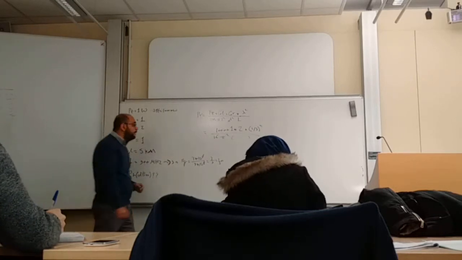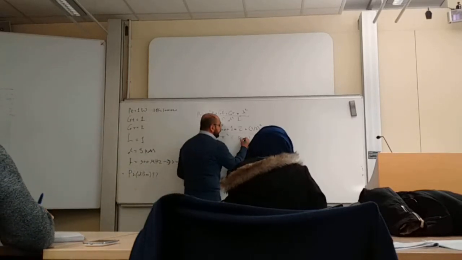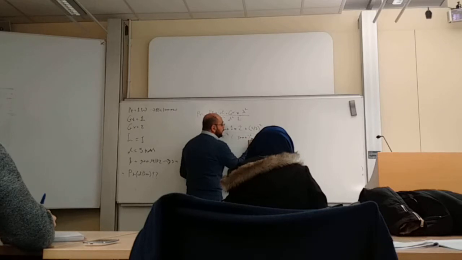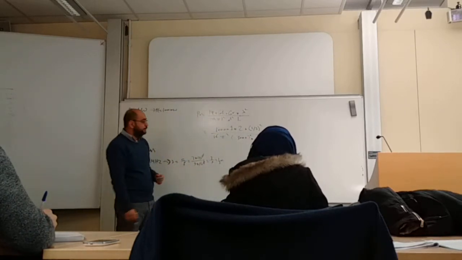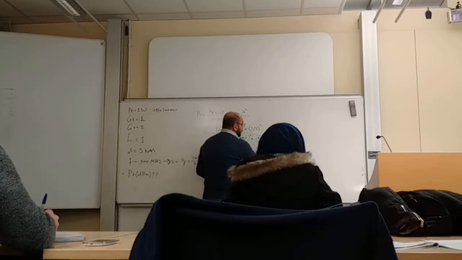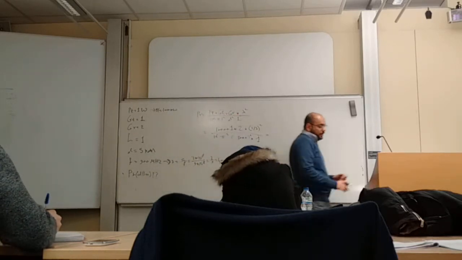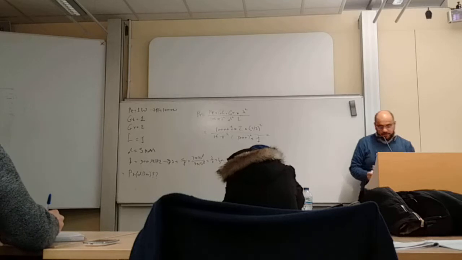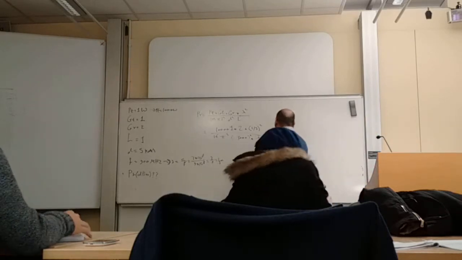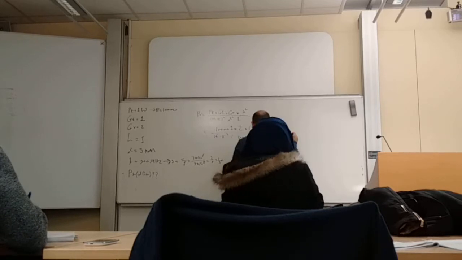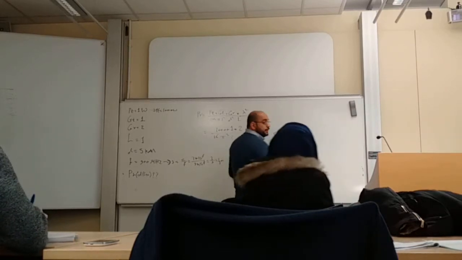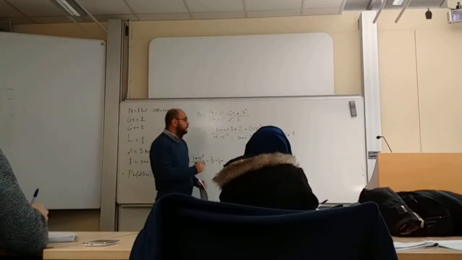So the distance should be 5000, right? Square multiplied by L. What is L? 1. And hopefully if you do the math correctly, you will get 5.6 multiplied by 10 to the minus 8. What is the unit? Milliwatt.